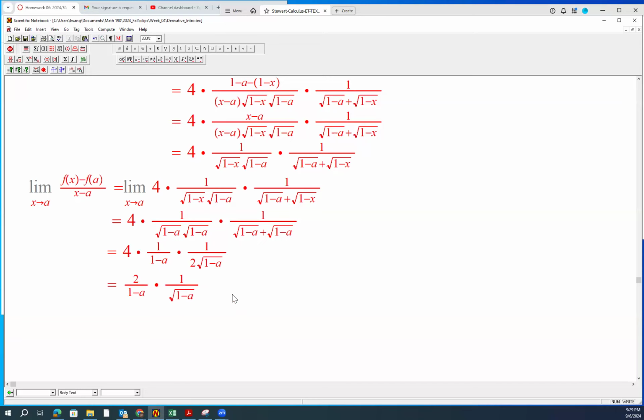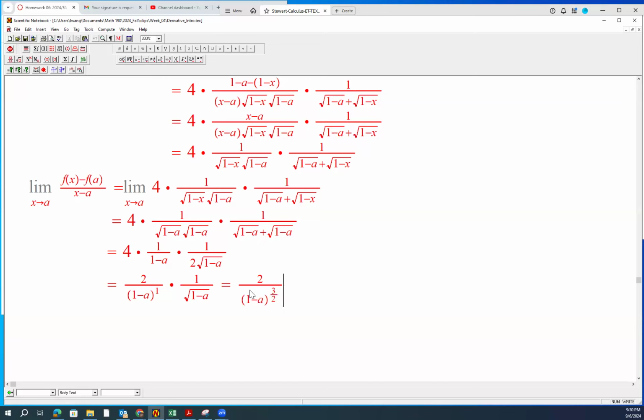So now we have 1 minus a here, and we have root 1 minus a. If you think of this as power 1, you could combine the power as 2 over 1 minus a to the power of, with that power 1, that's power half, that's going to be power 3 half, if you like.